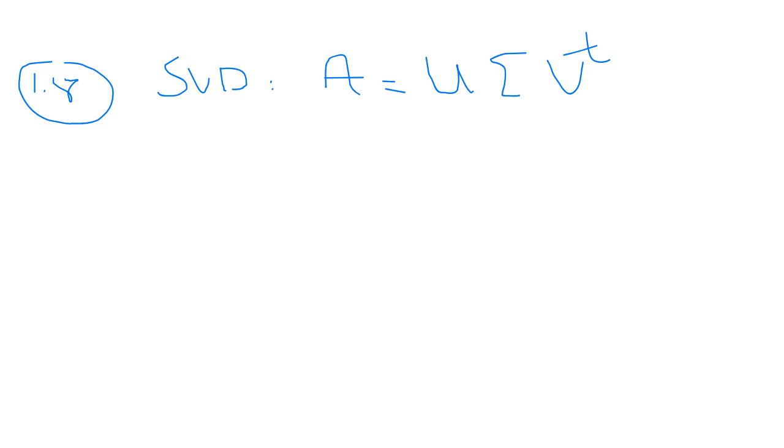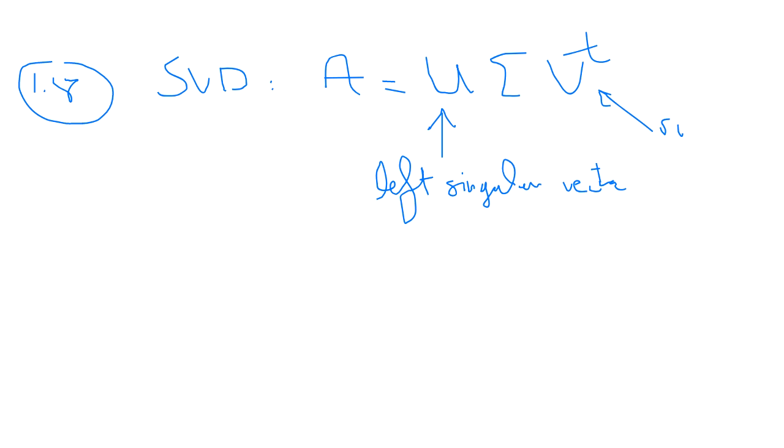So the columns in U are the left singular vectors, and the columns in V are the right singular vectors.